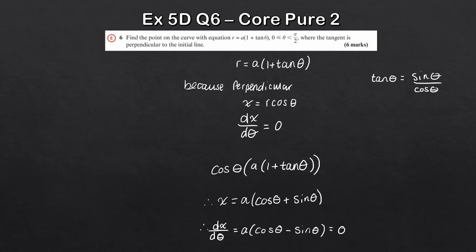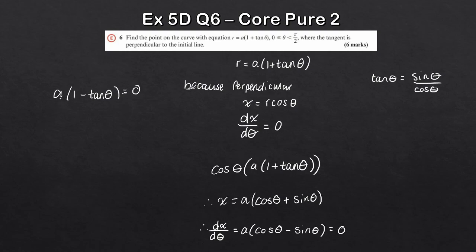So what we can do is write this as a(1 minus tan theta), if you think about dividing both through here by cos theta. So this is a, cos theta divided by cos theta is 1, minus sin theta over cos theta is just tan theta, again using this identity. So a(1 minus tan theta) is equal to 0.